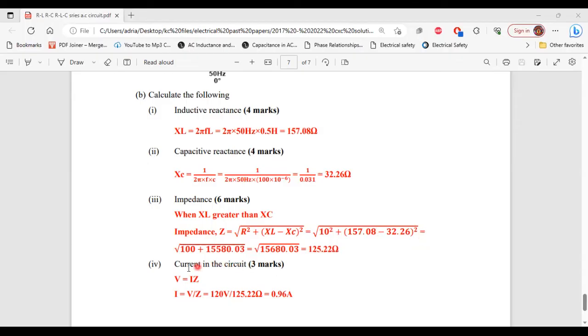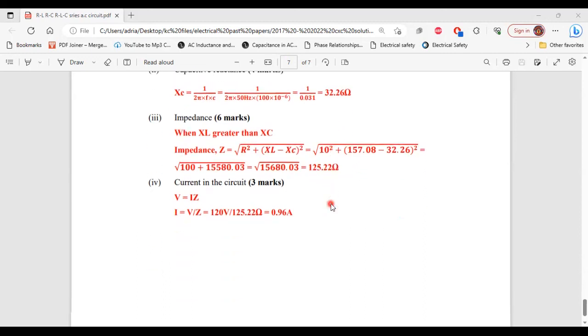That will give us the square root of 100 plus 15,580.03. That will give us the square root of 15,680.03, and that will give us an impedance of 125.22 ohm. All right, so that's it for part 3.